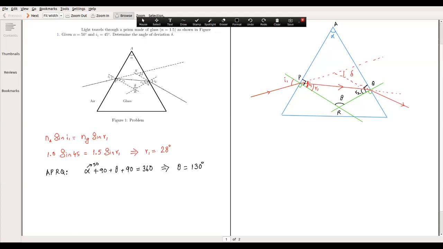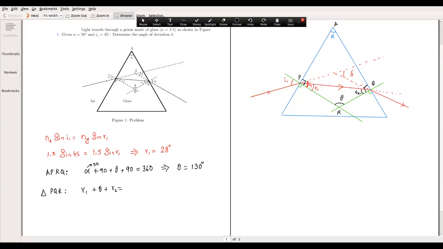Once we know the angle theta, we can actually calculate angle R2 because R1 plus R2 plus theta is in the triangle, right? So in the triangle PQR, what we have is angle R1 plus angle theta plus angle R2.